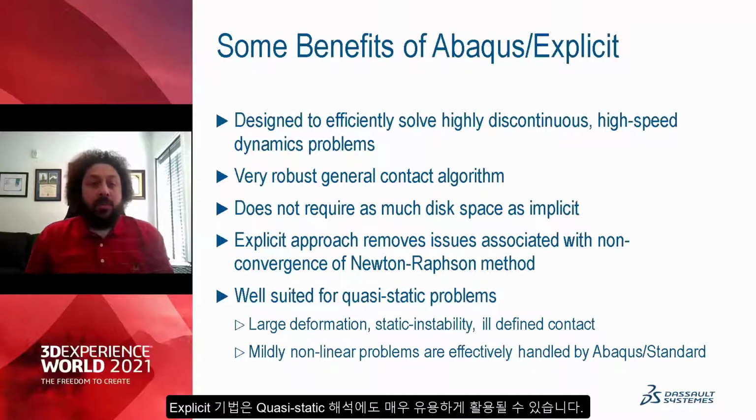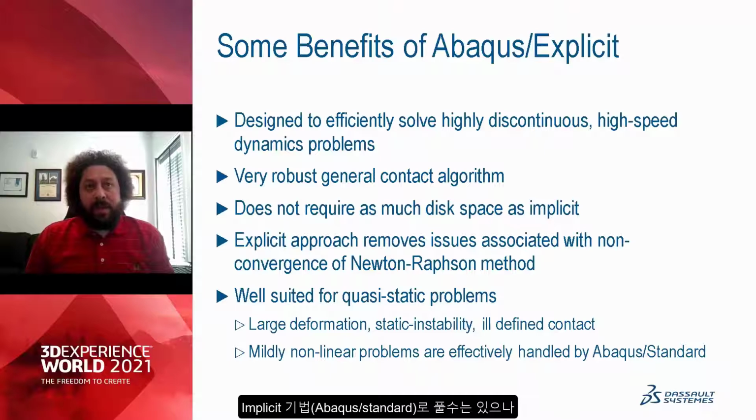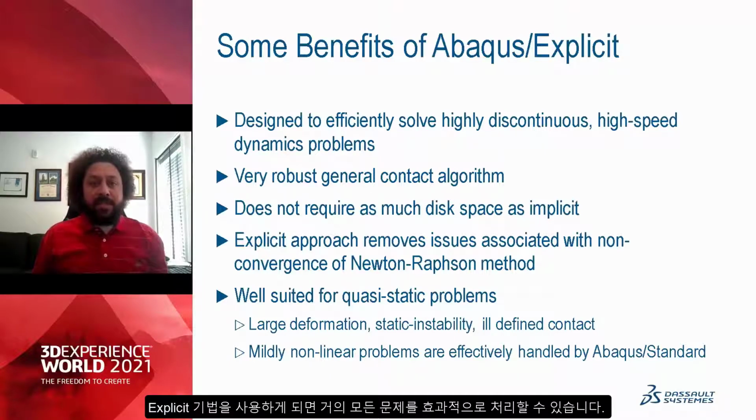And it's really well suited for quasi-static problems, so large deformation, static instability, ill-defined contact. For mildly nonlinear problems, and even some more highly nonlinear problems, you can probably still use Abaqus implicit, but there's definitely a cutoff where it makes sense to move to an explicit solution technique.